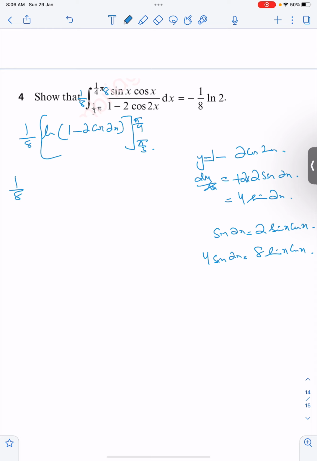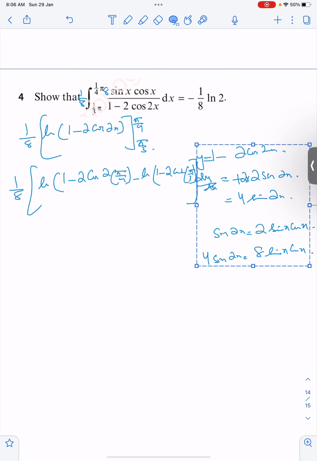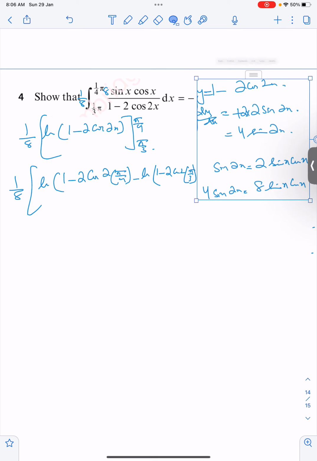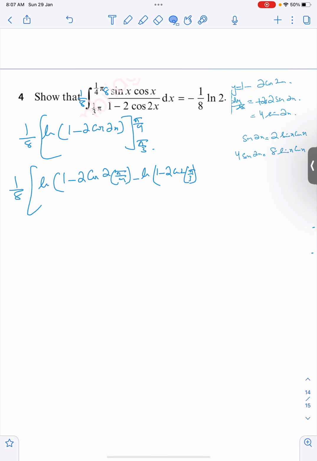Let's put the boundaries. ln 1 minus 2 cos of 2 pi by 4, minus ln 1 minus 2 cos of 2 pi by 3. 1 upon 8 outside.